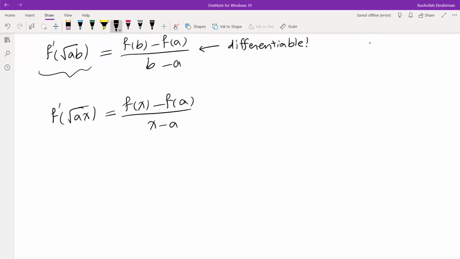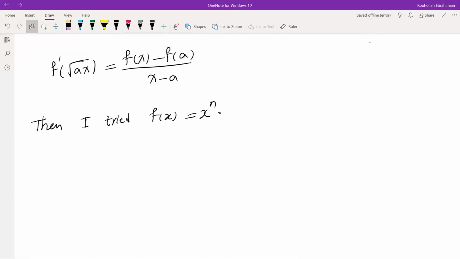So what I thought is, I remembered that, well, I may be wrong that these are the only solutions. Then I tried f(x) equals x to some power, x to the power of n. I took that and plugged it into the differential equation that they gave us, into the functional equation.